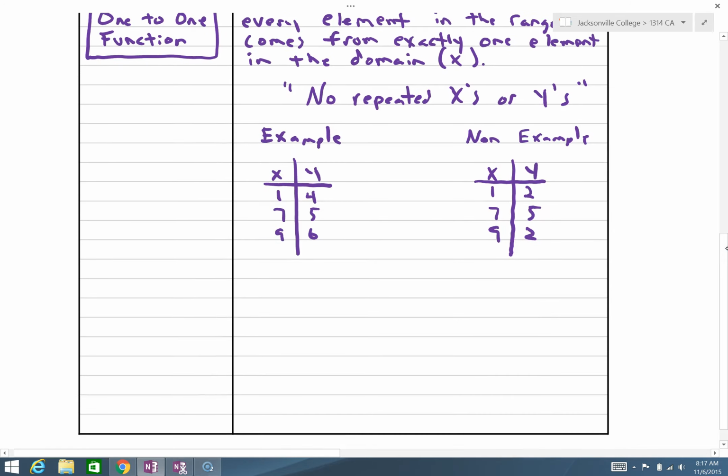Graphically, a one-to-one function will satisfy both the vertical and horizontal line test.